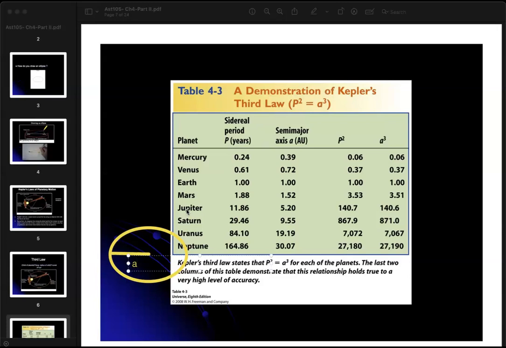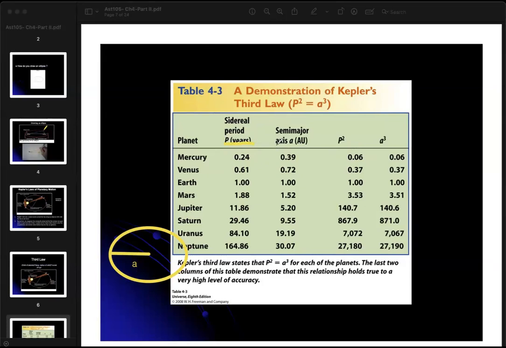Okay, so the formula is P squared is equal to A cubed. Here they have written the periods, represented by P, in this first column, in years.